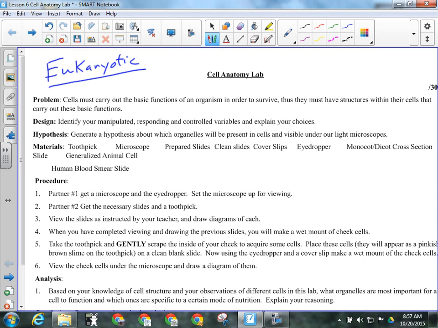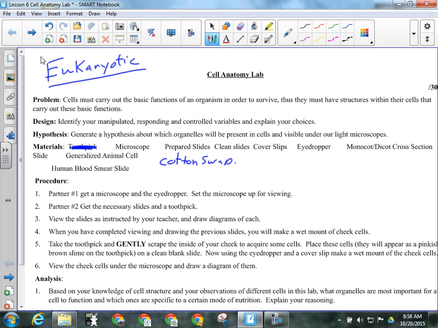Okay, the materials. We're going to change this: not using a toothpick anymore, using a cotton swab instead. I would say Q-tip, except they're the knockoff no-name brand, not Q-tip brand cotton swabs. The reason we're doing that is I had too many people who insisted on drawing blood with the toothpick.